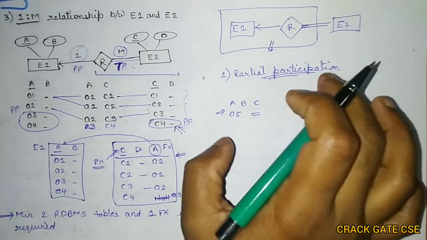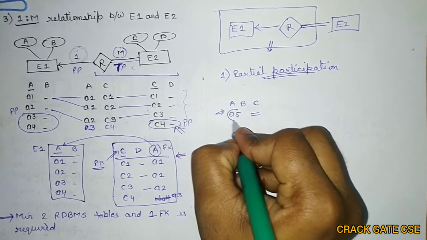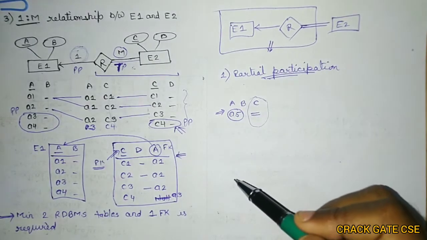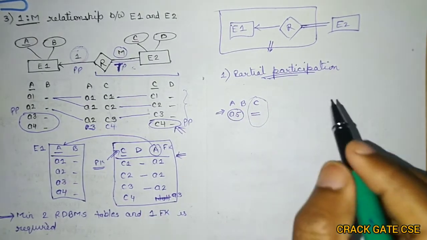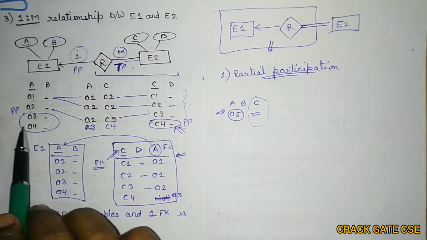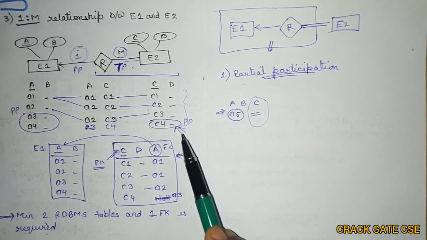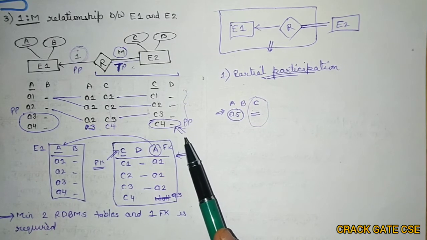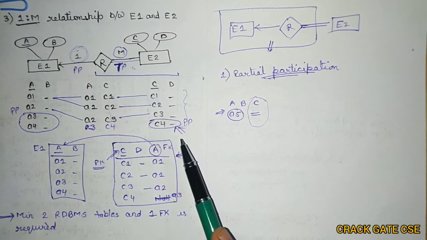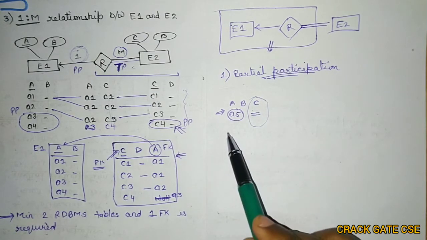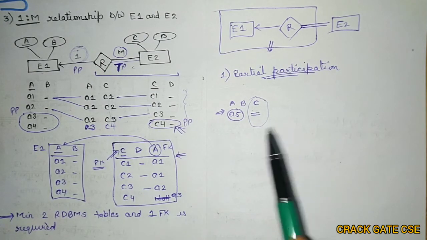That means we will not be able to insert those values of a which are not taking part in the relationship. For example, I just want to insert a5 into this particular a1 table, then it will not be allowed, because along with a5 I have to write the respective value of c. This is nothing but the insertion anomaly. Again, there is one more problem, that there will be some deletion anomaly also.